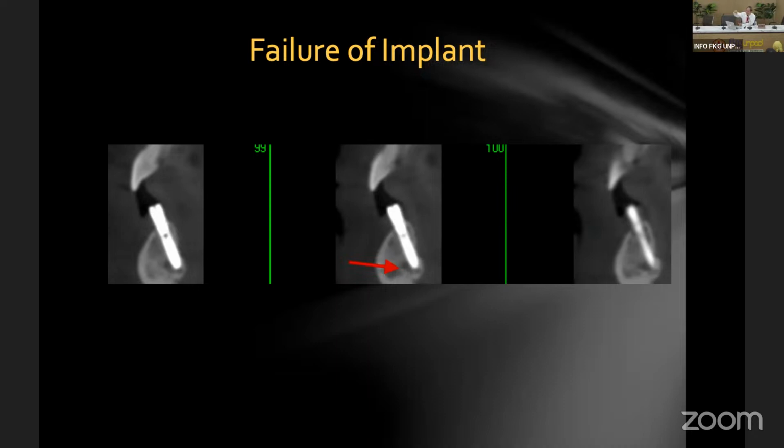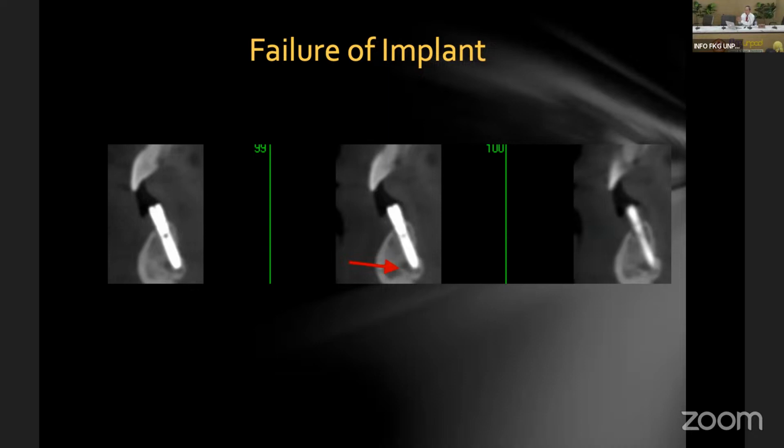If it's big, when you place an implant right on it, you may damage the artery in that canal. The bleeding will go through the floor of the mouth and cause swelling of the floor of the mouth. A severe one can cause narrowing of the airway, and the patient can die from this kind of placement.